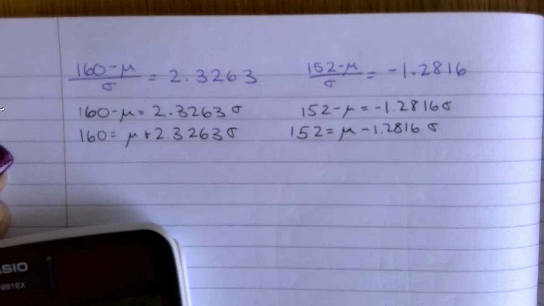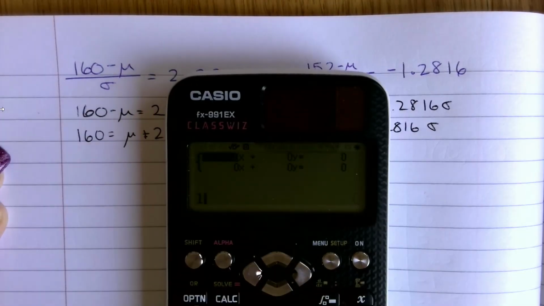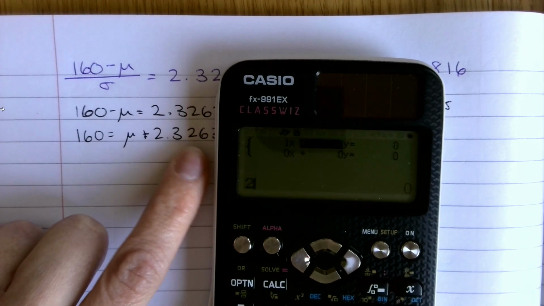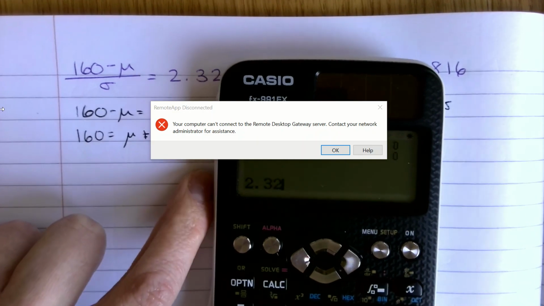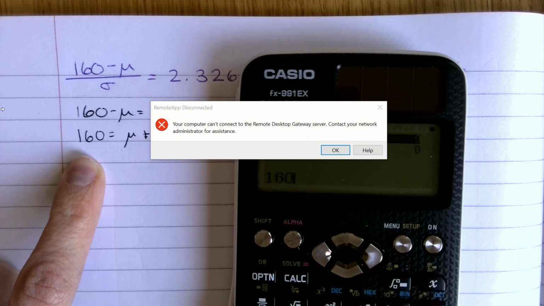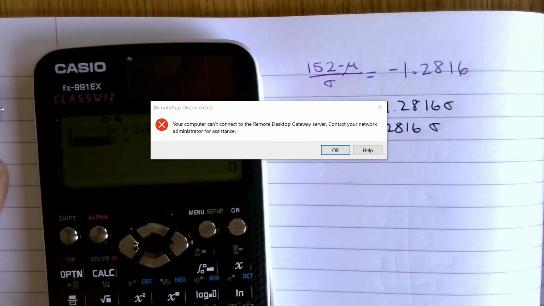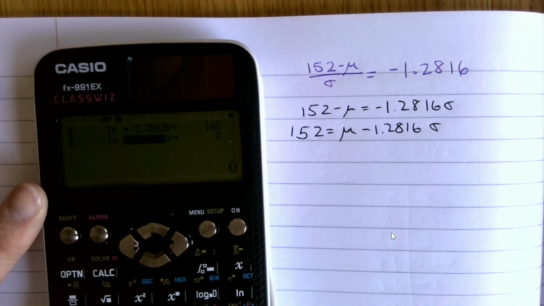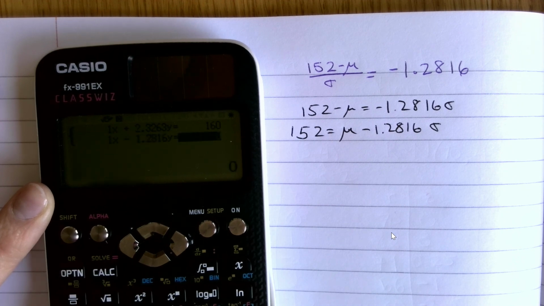Now that I have that, I can go ahead and set up that 1 mu equals positive 2.3263 for the sigma, and that's equal to 160. Hit equals again, and set up the values for my next equation. So 1 mu negative 1.2816 for my sigma, and 152 as the constant.